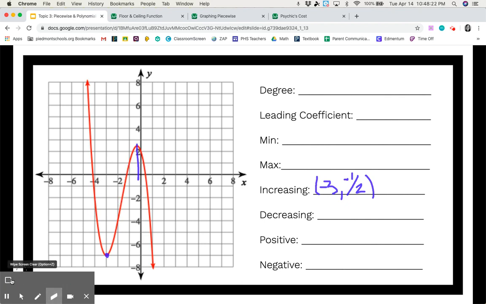So next I can look at my decreasing interval. And so that is starting up here. We are decreasing or going down until we reach this x value. So I'm decreasing starting all the way to the left, which is -infinity, until I reach that x value of -3.